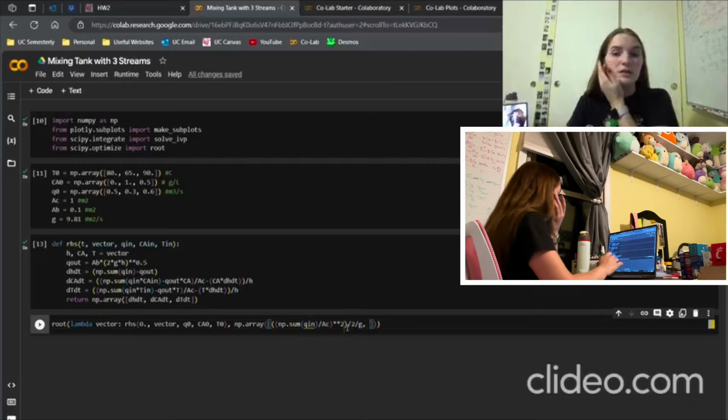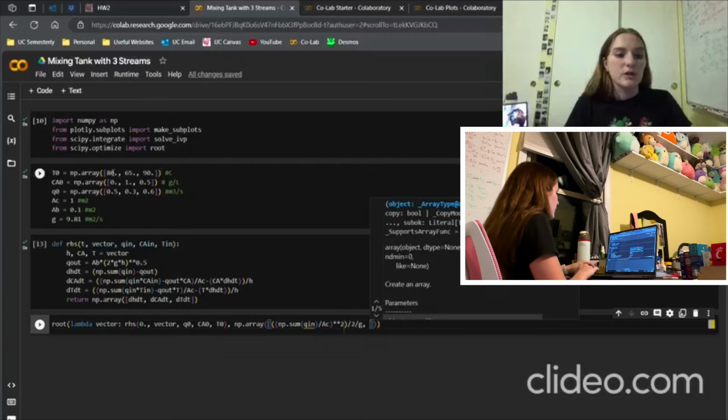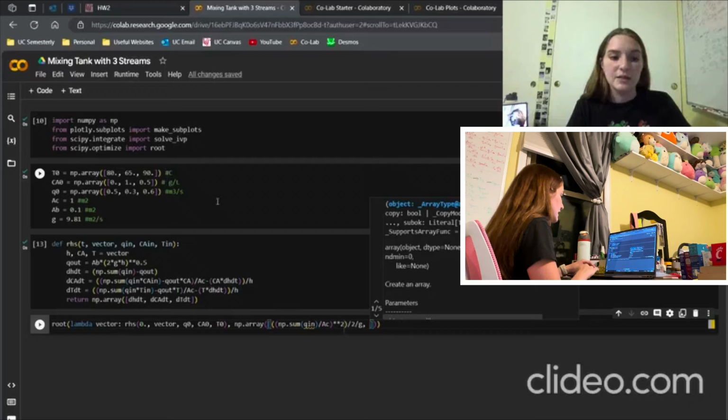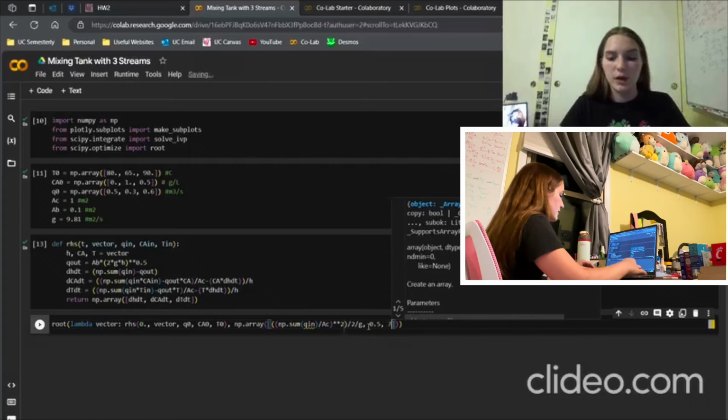And then we also need to make a guess for our concentration and for our temperature. So we're going to look at our initial values and make our best estimated guess. So for concentration, we are going to guess 0.5. And for our temperature, we'll guess around 70.